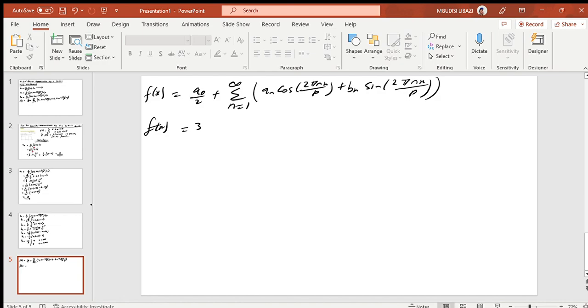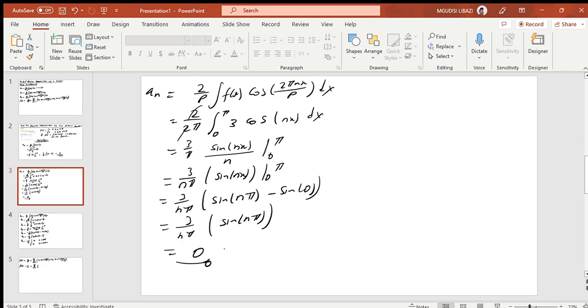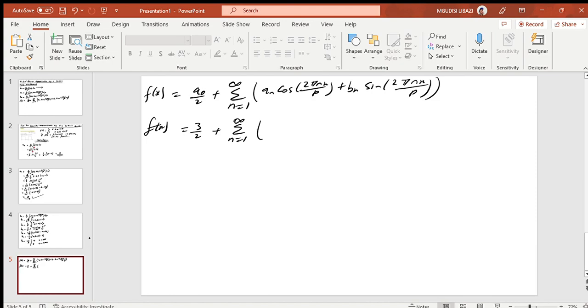Our a0 we said is 3, so 3 over 2 plus the sum from n is equal to 1 to infinity. Since we got our first coefficient an to be 0, that means we're going to have 0 there, so we don't have that.